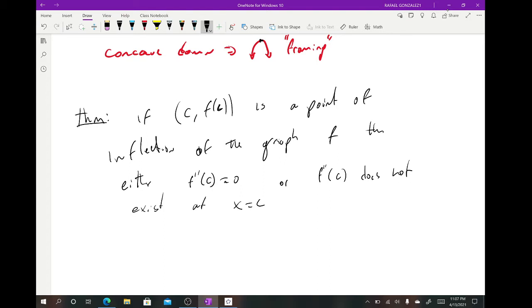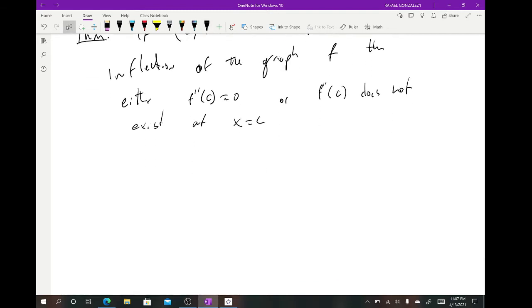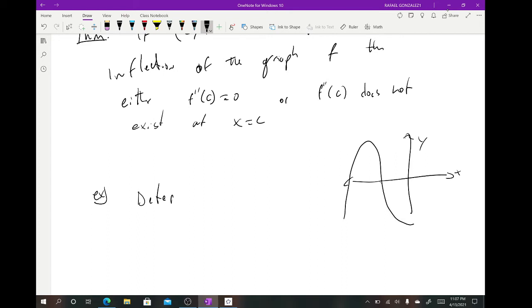So let's do an example of finding points of inflection. In fact, in the first example we ended up finding the point of inflection. I just didn't write it down. And you could have multiple points of inflection. It did not need to be just one. Like, for example, as an aside, you could have a function that does something like this.